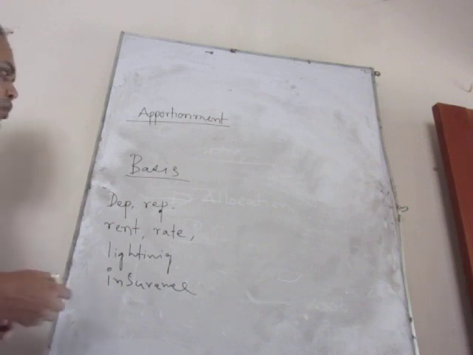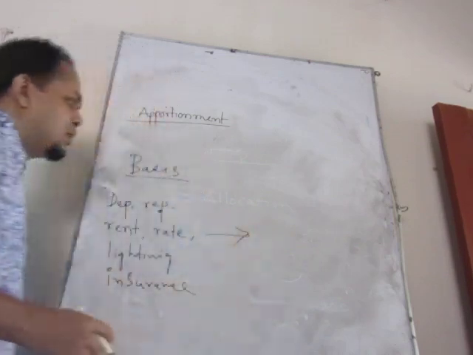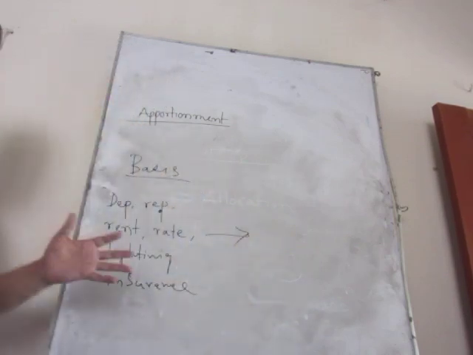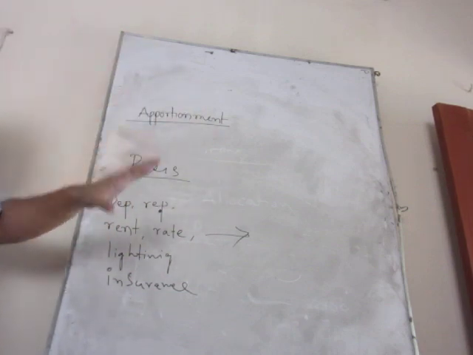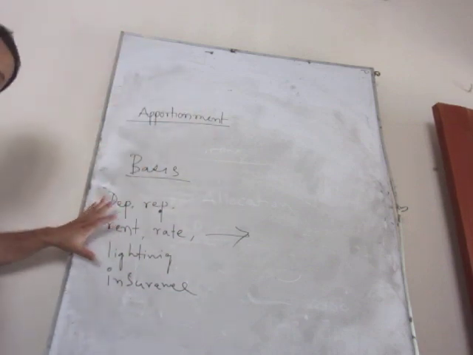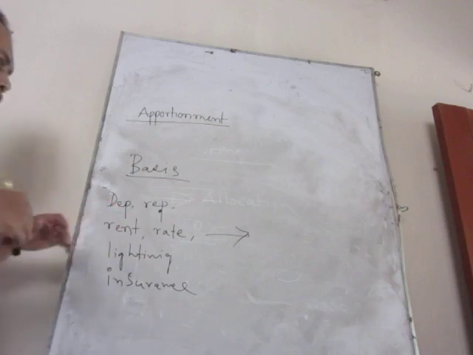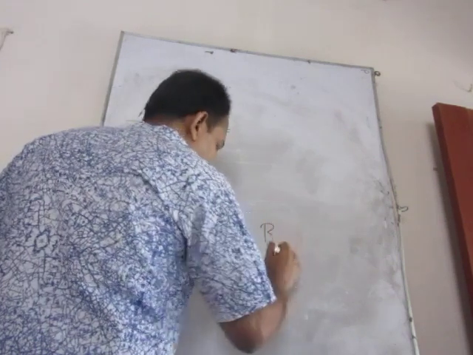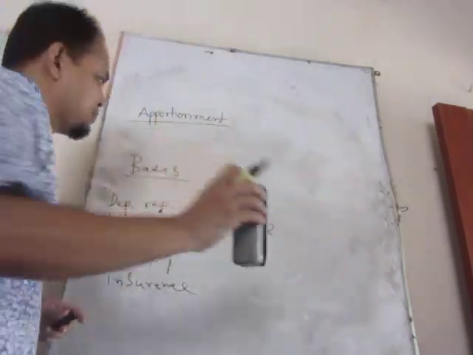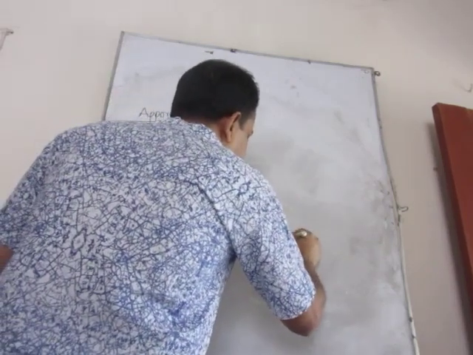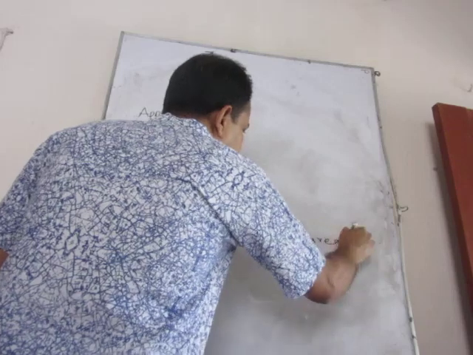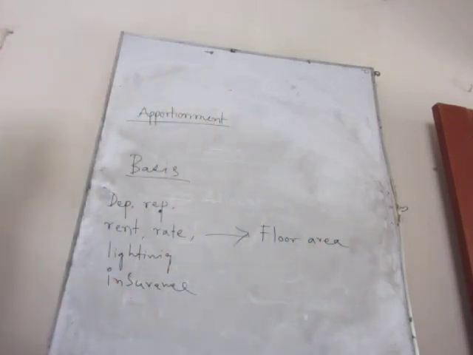If you want to allocate or distribute these kinds of indirect costs to different centers, you have to distribute these depending upon floor area.